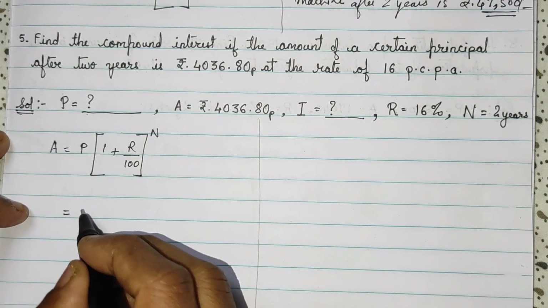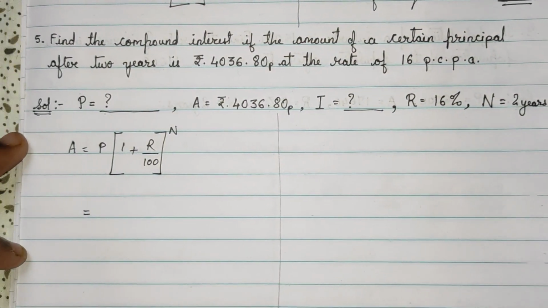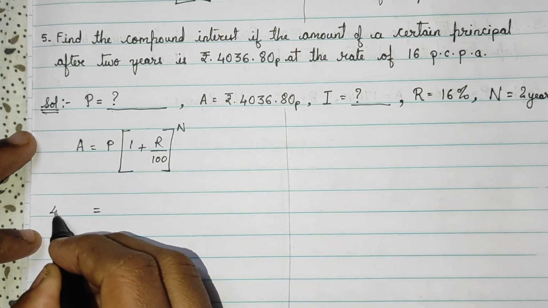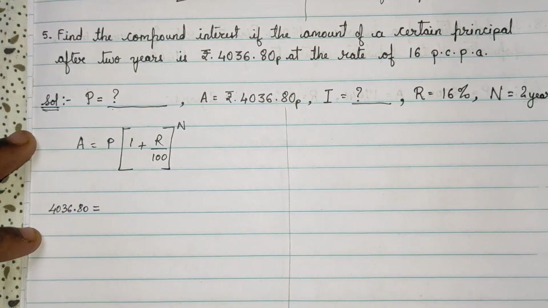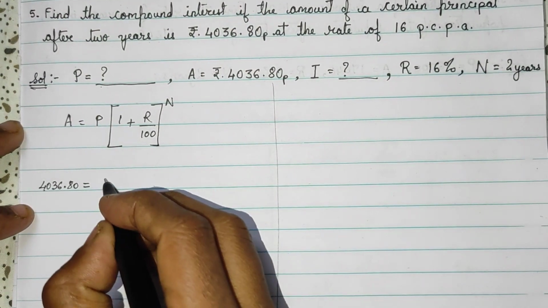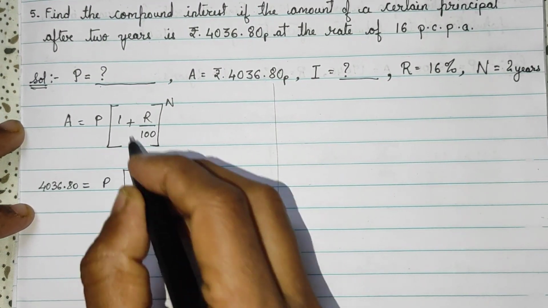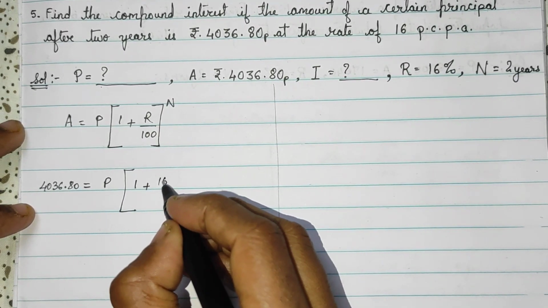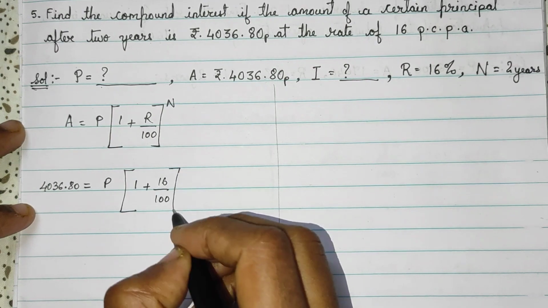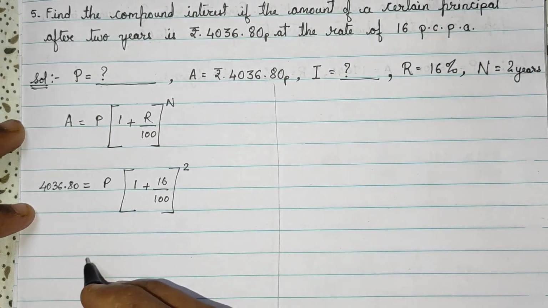So we already have amount, that is 4036.80, and principal we do not have, but here we have 1 plus rate 16/100, raised to 2.